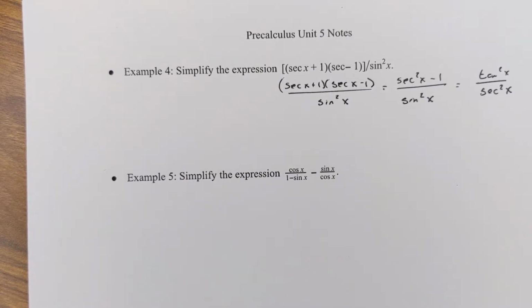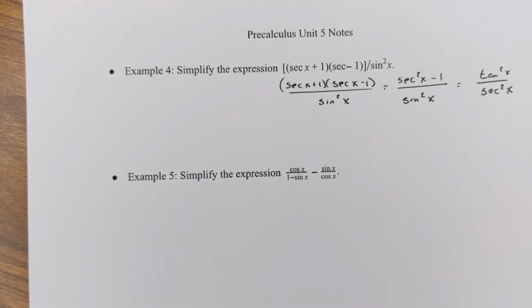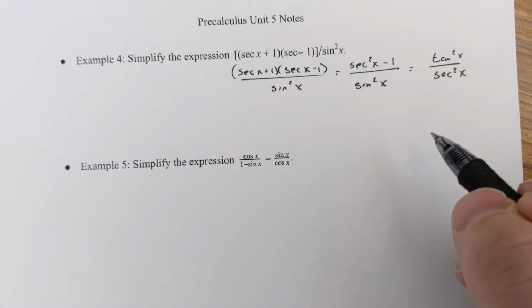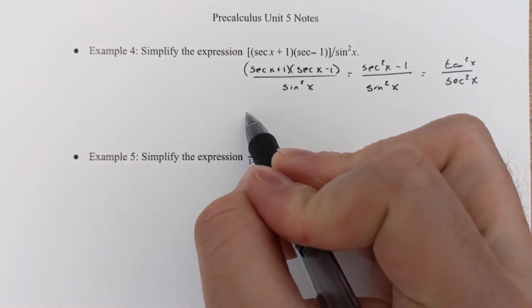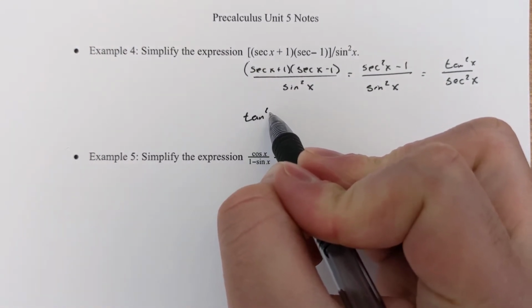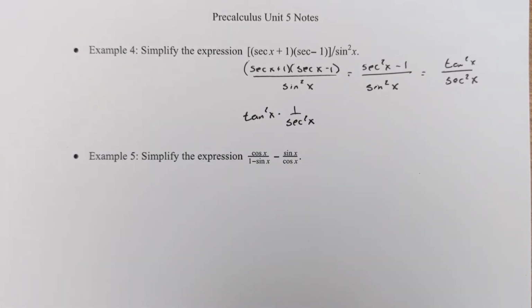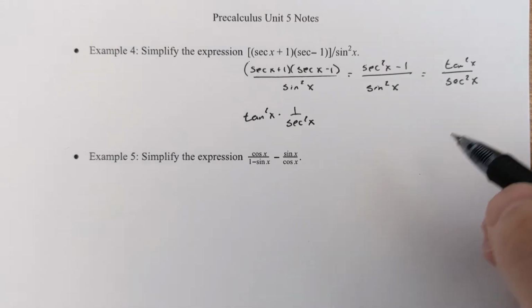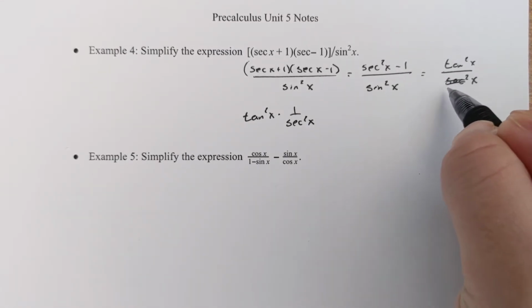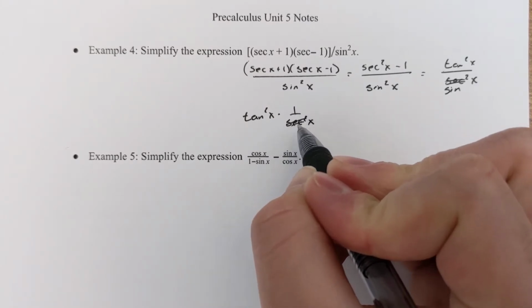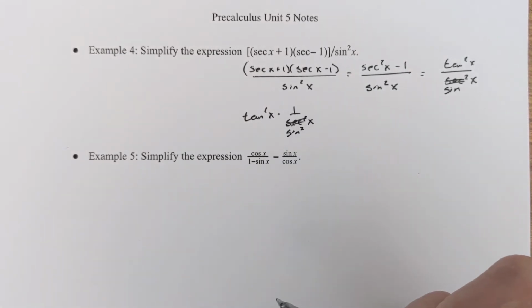So what I can do now is take this apart and write everything in terms of sines and cosines. I'm going to pull the tangent squared out front, times 1 over the sine squared.